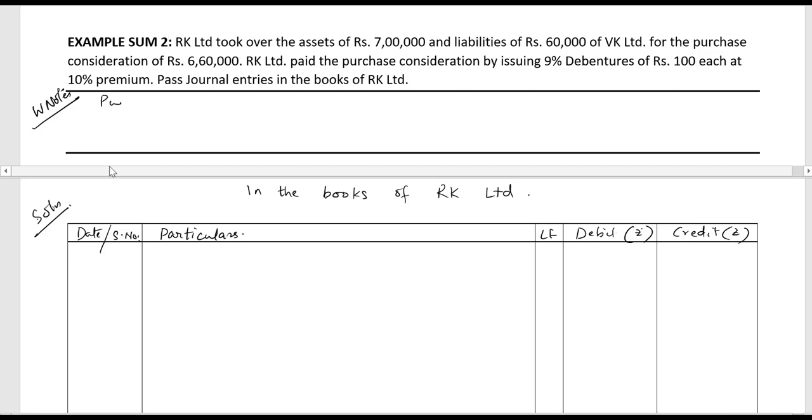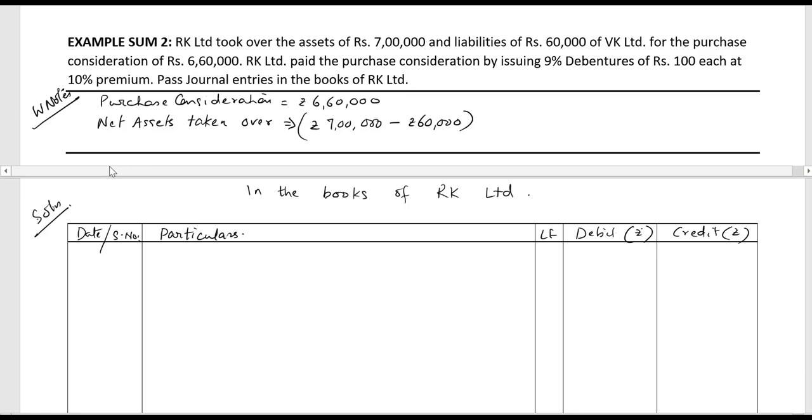Now, as per the problem, the purchase consideration is equal to rupees 6,60,000. As far as the net assets taken over is concerned, it's the amount of the sundry assets, which is rupees 7 lakh, minus the sundry liabilities taken over, rupees 60,000, which comes to rupees 6,40,000.